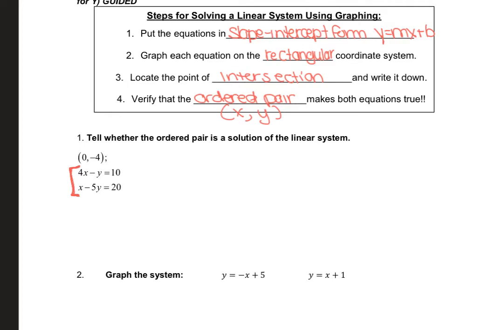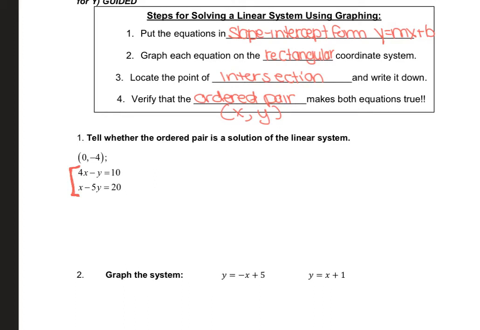In order for it to be a solution, it not only has to work for the x, but it also has to work for the y. We've practiced substituting into one equation, but let's now tell whether the ordered pair is a solution to the linear system.